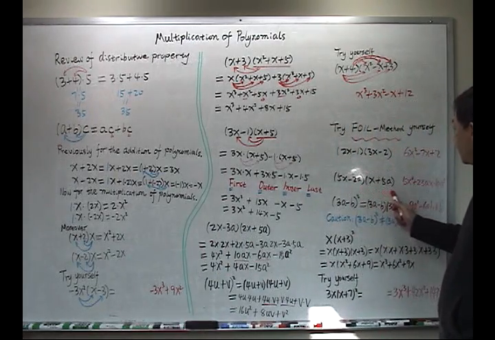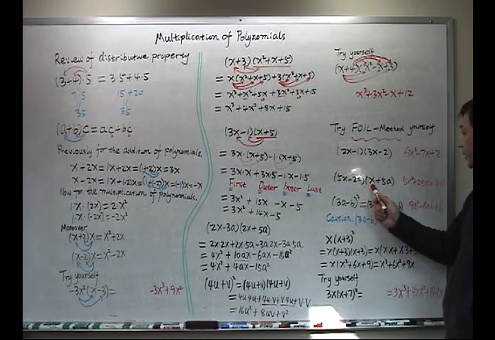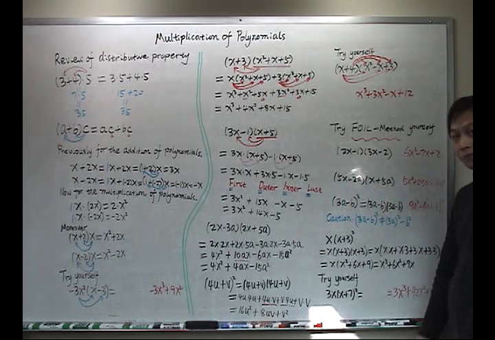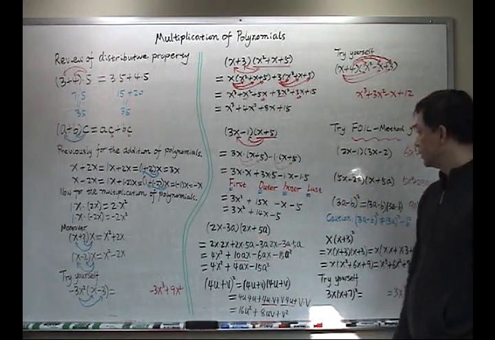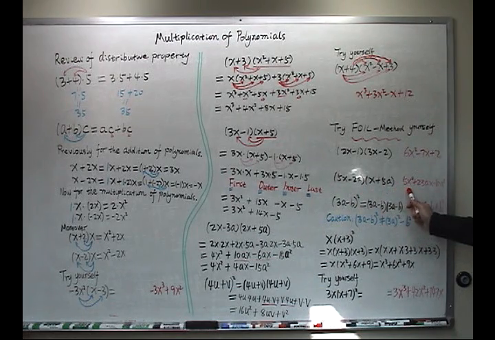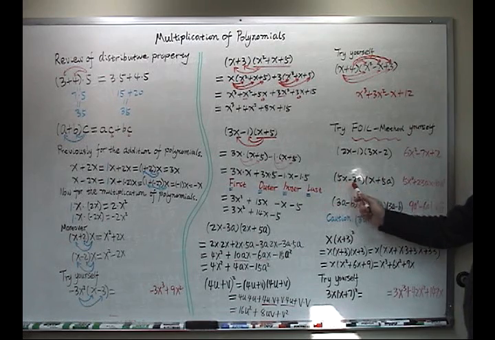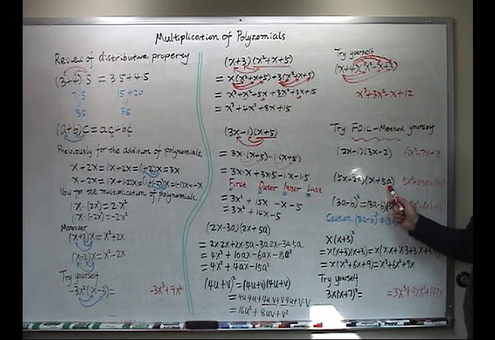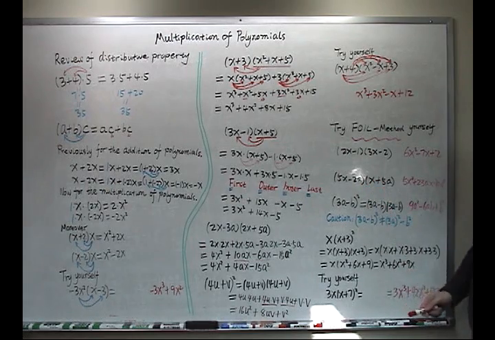Try this one yourself. 5x minus 2a times x plus 5a. Similar to the one right here. Okay? 5x times x is 5x squared. That's the first product. Outer product is 5x times 5a, so it's 25ax. Inner is -2a times x, so that's -2ax.